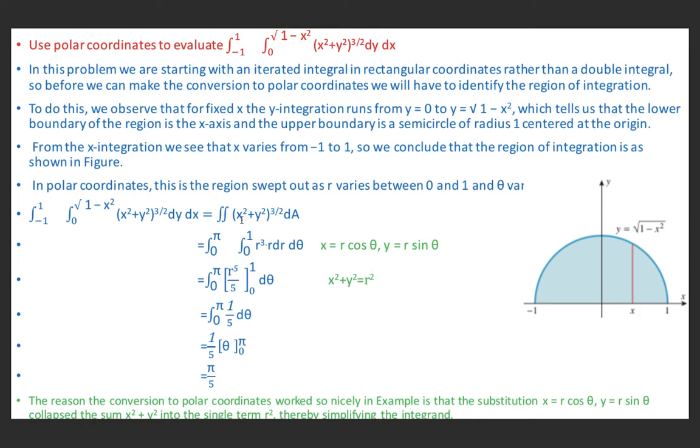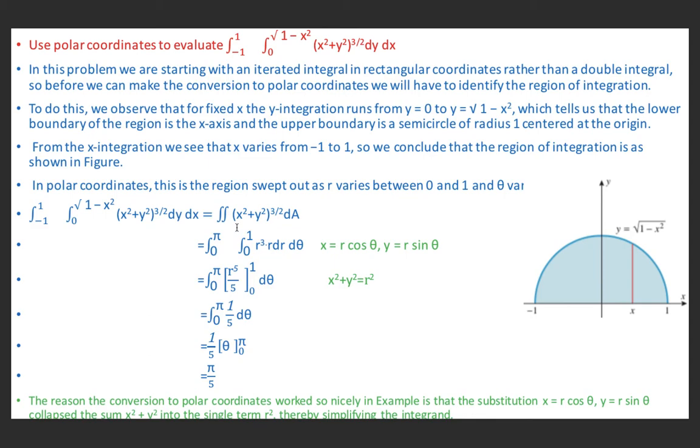this is because if you substitute x equal to r cos theta, y equal to r sin theta, then x square plus y square is equal to r square, because r square cos square theta plus r square sin square theta means r square into cos square theta plus sin square theta, and cos square theta plus sin square theta is 1, so x square plus y square equal to r square.